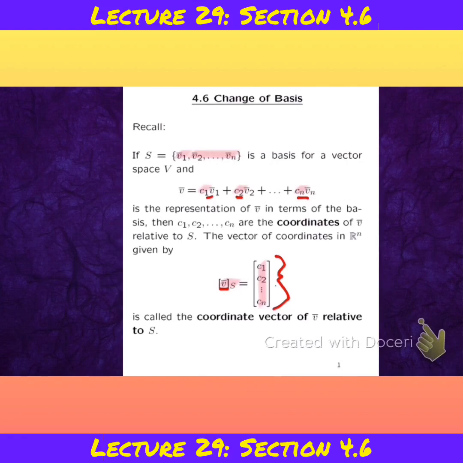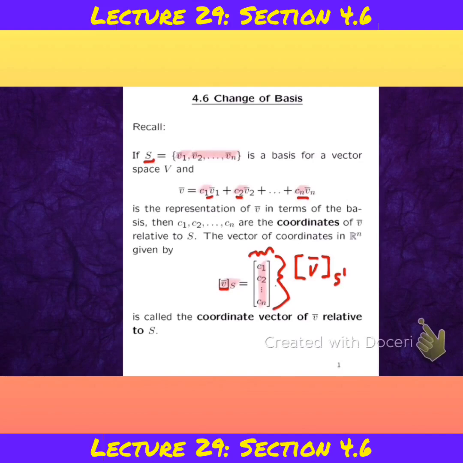All right, so suppose you're given two bases. Let's call the bases S and S prime. And suppose now I've already obtained this vector here, and I want to find the coordinate vector with respect to my new basis, call it S prime.